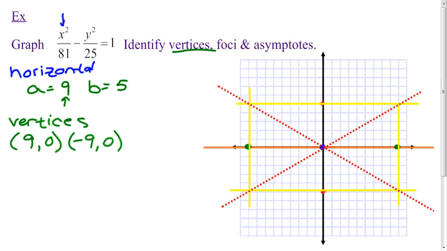So to figure out what this is, I have to do my rise over my run. So from my center up is 5, and to the right is 9. Therefore, my asymptote, remember it's rise over run, so it's y equals 5 over 9 times x, because it's an oblique line.